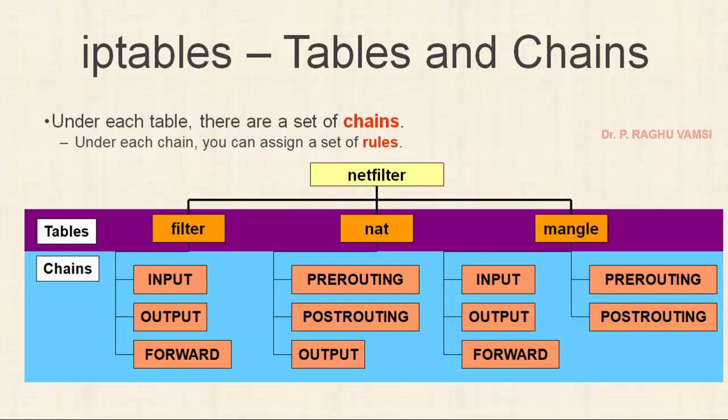The filter table is one of the most widely used tables for implementation. This filter table is used to make decisions about whether a packet is allowed into the computer or the system or not.